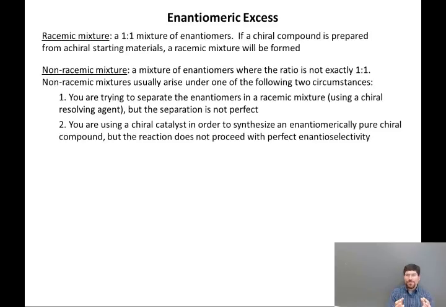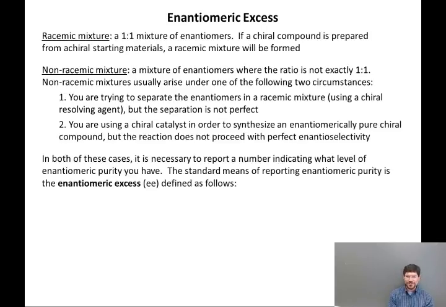However, with many chiral catalysts, the reaction does not proceed with perfect enantioselectivity. There is still sometimes a small amount of the undesired enantiomer that is produced. And sometimes, if it's not a great catalyst, there's actually a large amount of the undesired enantiomer that is produced.